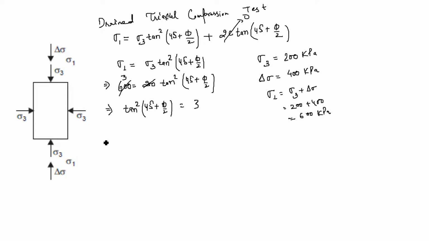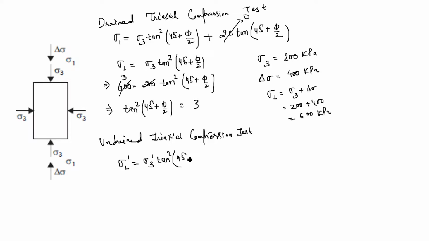For the undrained triaxial compression test, the relationship between the stresses at failure plane is sigma 1 dash is equal to sigma 3 dash tan square (45 plus phi by 2) plus 2c dash tan (45 plus phi by 2).